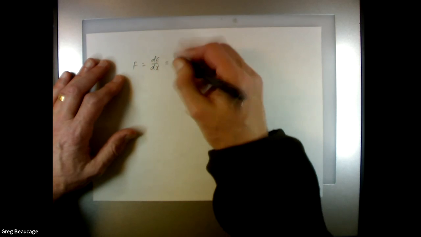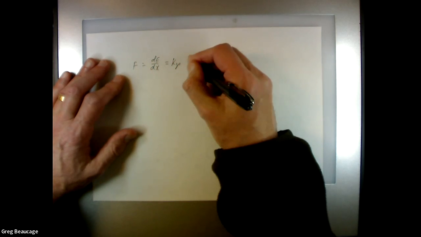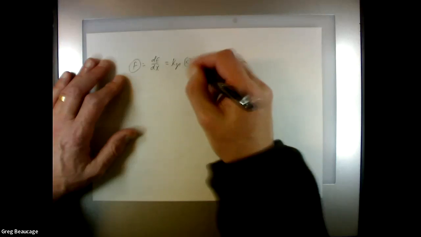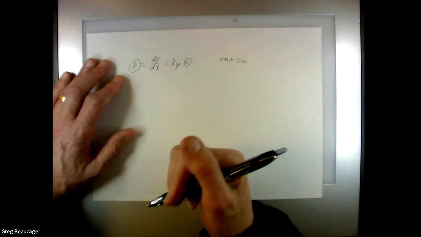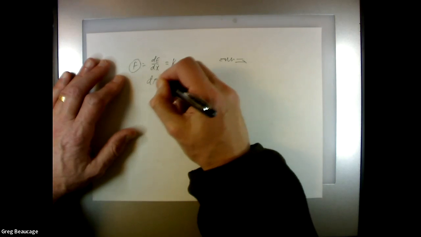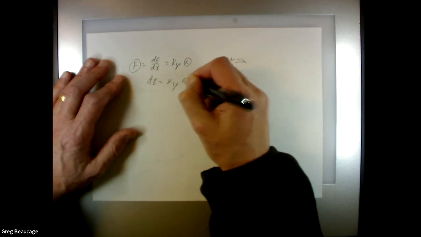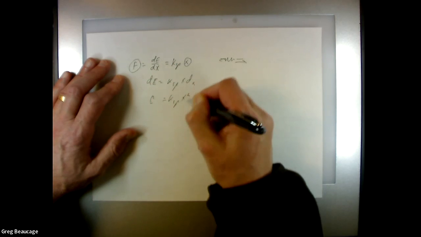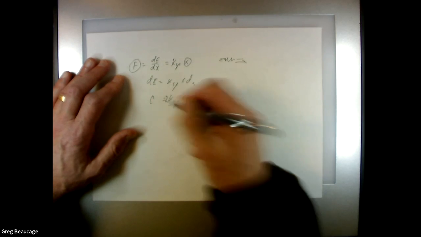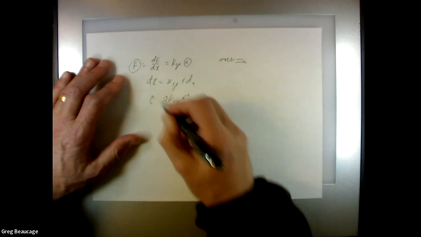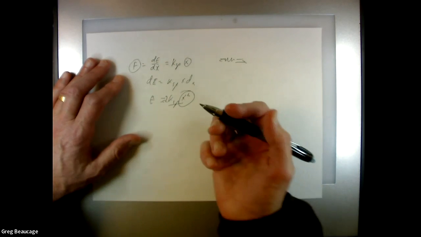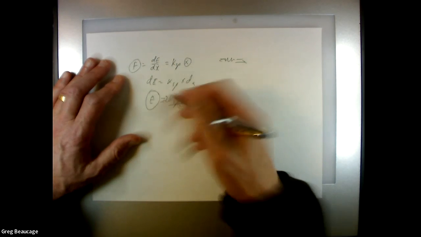And then that equals the spring constant times the position. So you have your spring. If you pull on it, the force it takes is proportional to the amount you stretch. It's a linear spring. Right, so the energy is K spring times X dx, and then the energy is going to be K spring times X squared, over 2 or something. Right. So you're always going to have this thing squared. That means it's a spring. If you have energy is something squared, that's a spring.